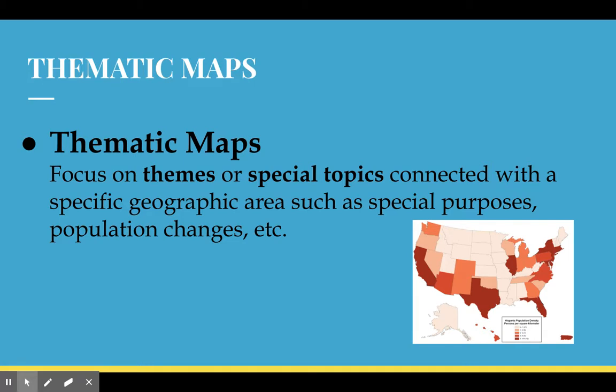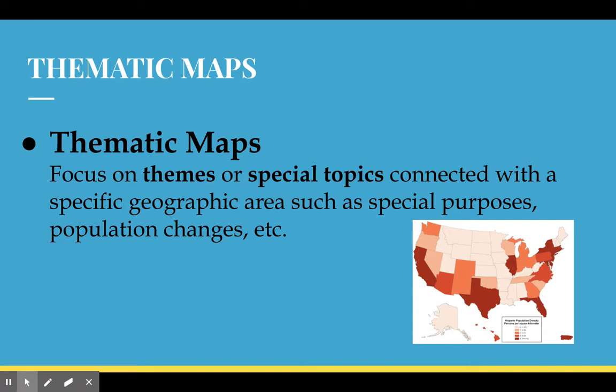The average age of people living in an area. That would be a theme. You might see a map with the location of the state fairs. Not this year because we're not having them, but usually you might see that on a map and what dates they go through. That would be a thematic map. Okay, so it shows a specific theme.